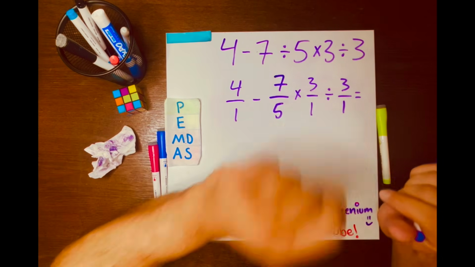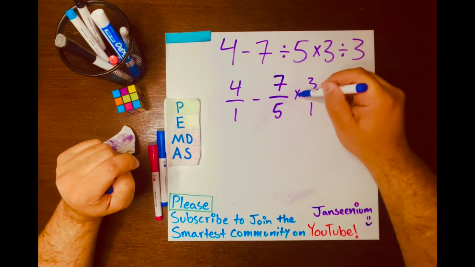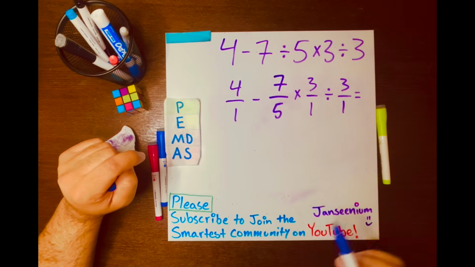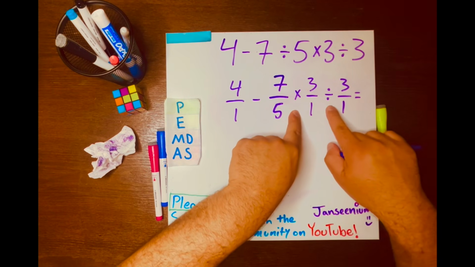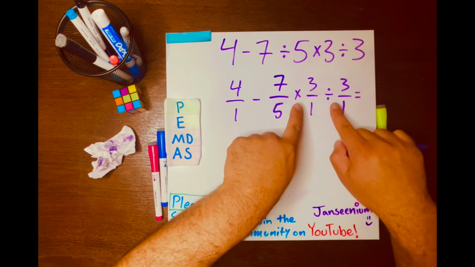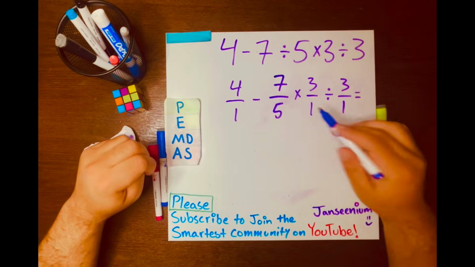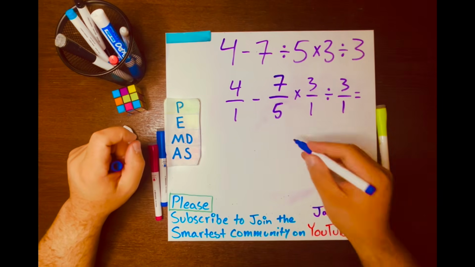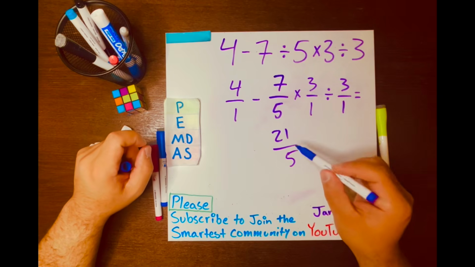If you pick multiplication, you are correct because, again, multiplication has higher priority than subtraction, and multiplication and division are both within its own level, and it's which of those two you hit first, reading towards the right. So multiplication goes first. 7 times 3 is 21 over 5 times 1 is 5, and that's it.